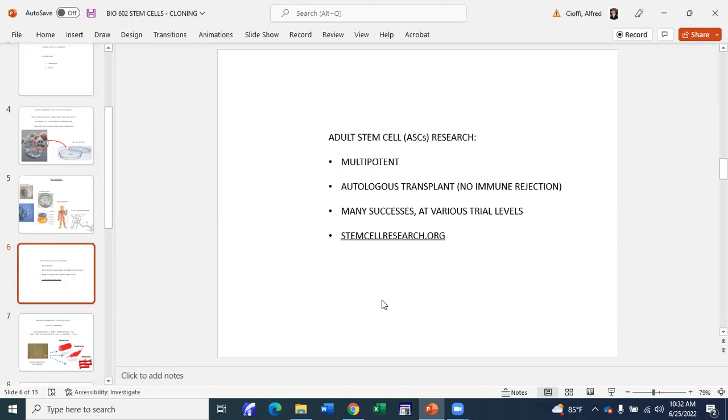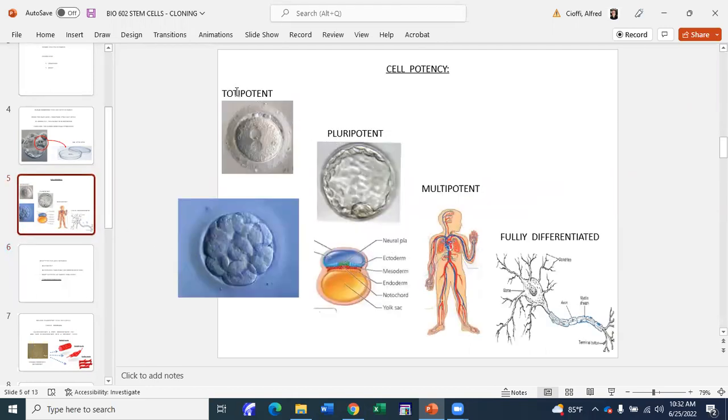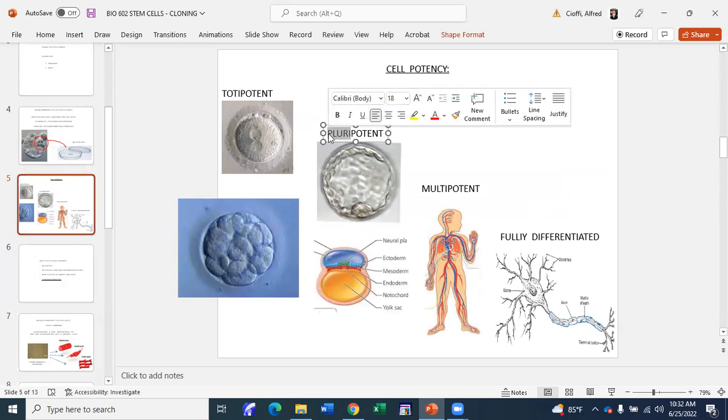But the bigger issue with the embryonic stem cells is that they actually have too much potential. They have too much potential precisely because they're pluripotent, right?